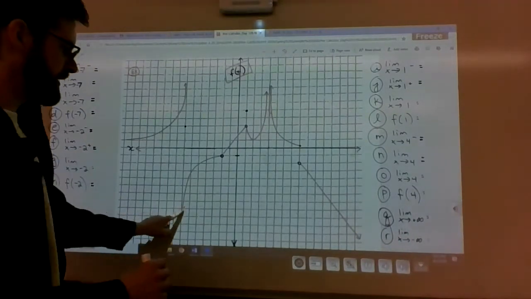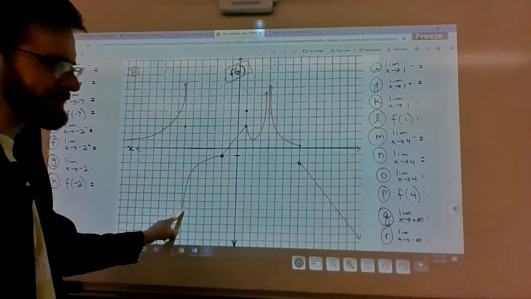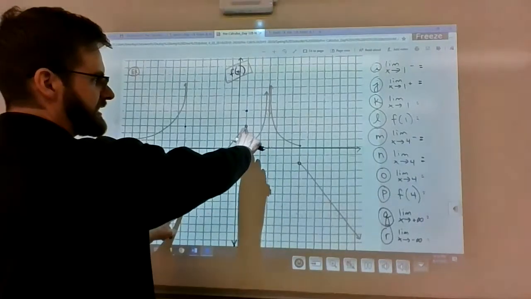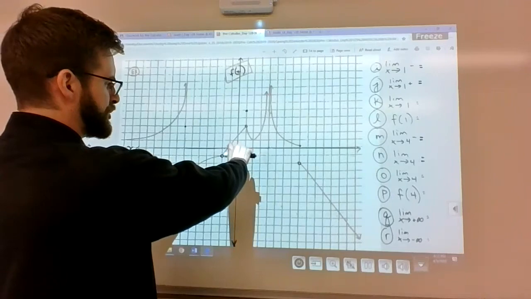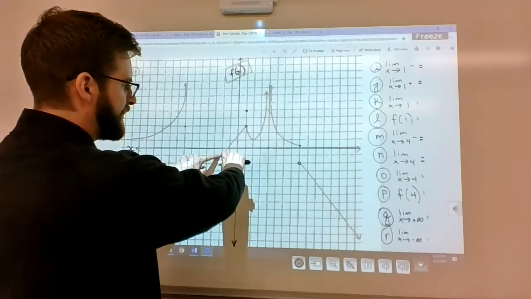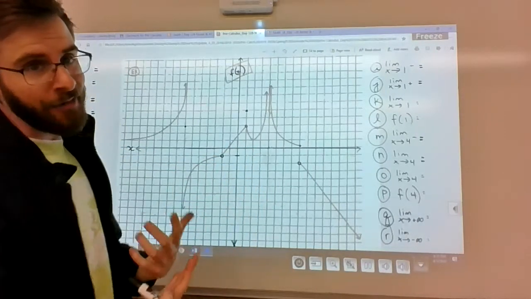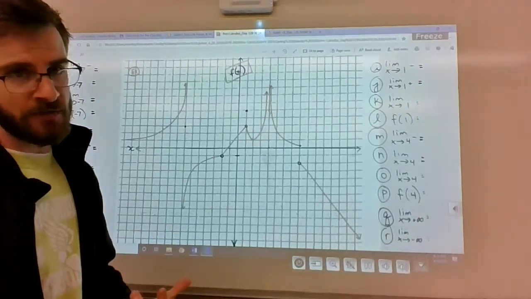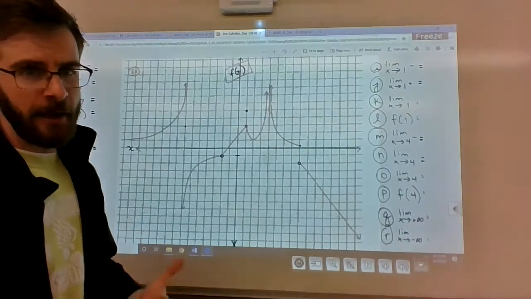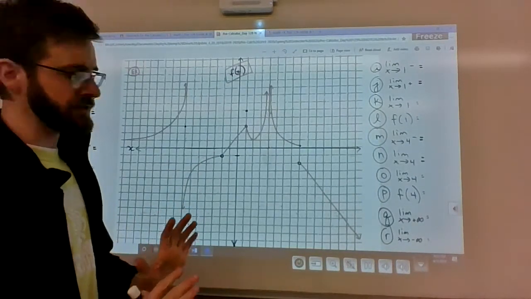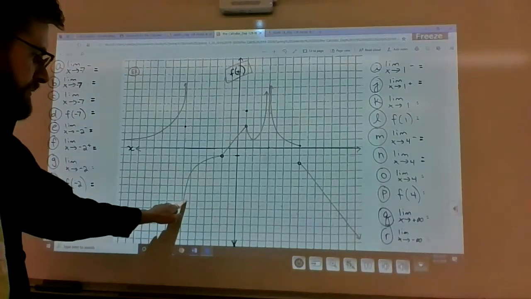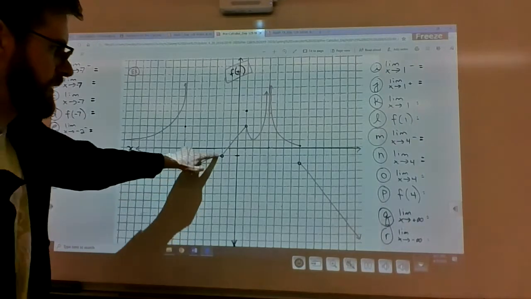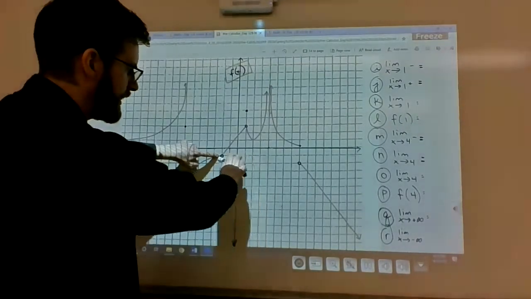So this function from the left is on my left index finger, from the right is on my right index finger. And this is kind of what's happening with the function. It's what's the y value that those are both approaching. Now, they can be two independent values of one another. They don't have to be the same thing. But in this particular case, from the left, the y value seems to be approaching -1.